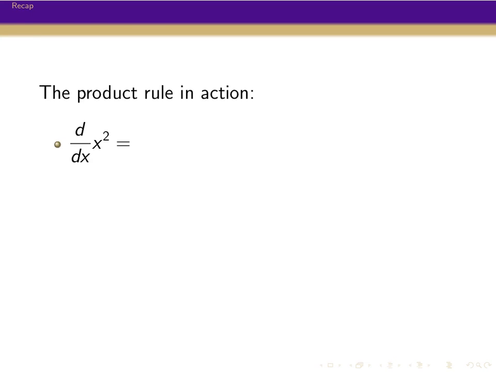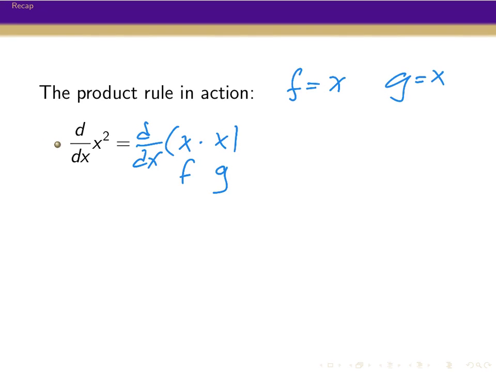So let's think about taking the derivative of x squared. I know we already did this with the limits, but let's do this using the product rule. So we can think about this as the derivative of x times x. And so in doing this, I can think about my f function being x, my g function being x as well. So f is equal to x, g is equal to x.